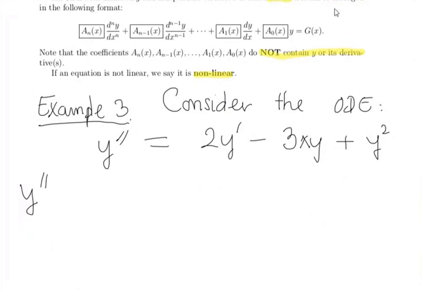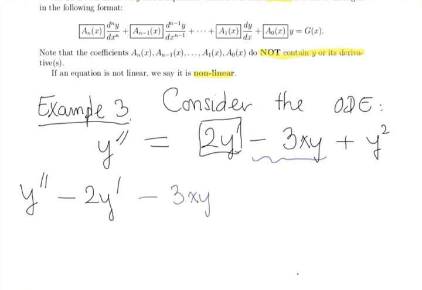And then the second one, for the derivative, I rewrite minus 2 for the derivative. Next one is no derivative, rewrite here plus 3xy, and lastly minus y squared equal to 0.